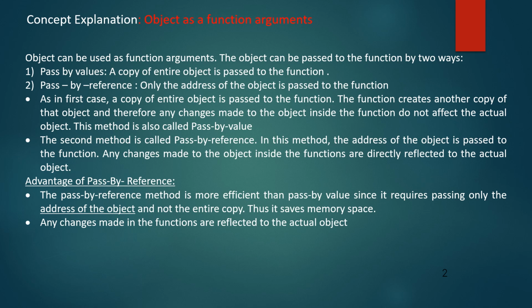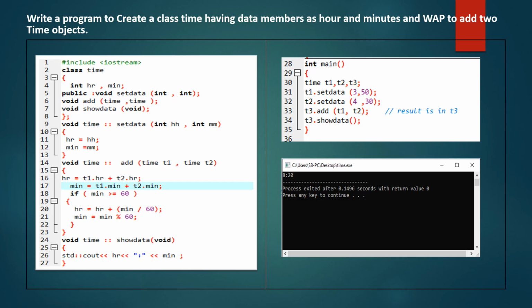So what are the advantages of pass by reference? Pass by reference is more efficient than pass by value, and any changes made in the function are reflected in the actual object, so we can see the actual behavior of the object.